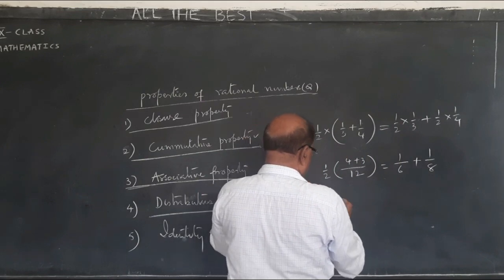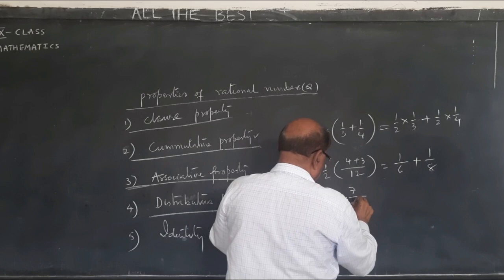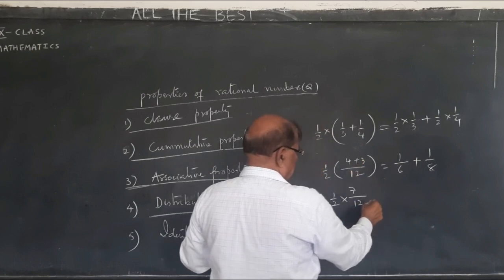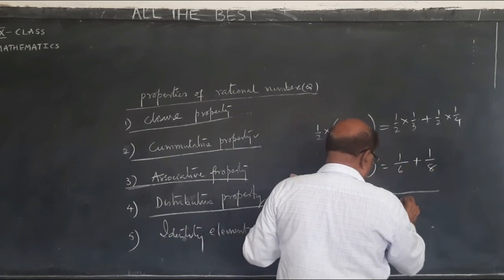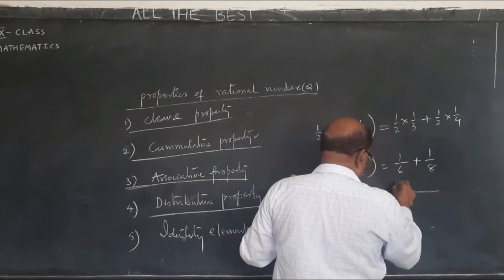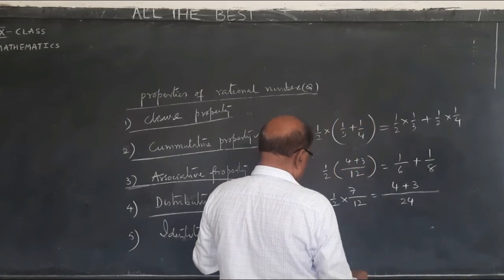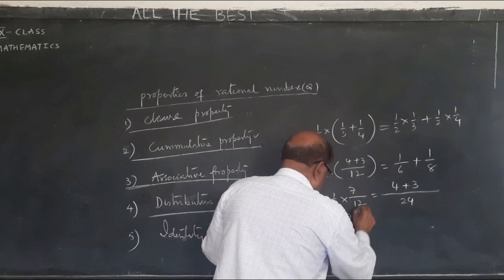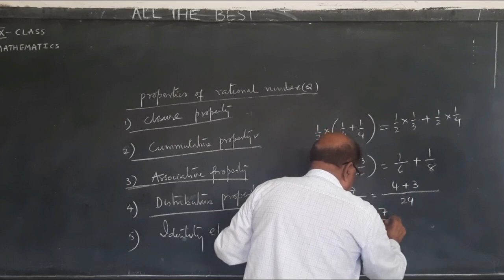Now if you observe carefully, this is 1/2 into 7/12, adding 4 plus 3 gives 7/12. Taking LCM 24, 7 1s are 7, 2 12s are 24, so it is 7/24.